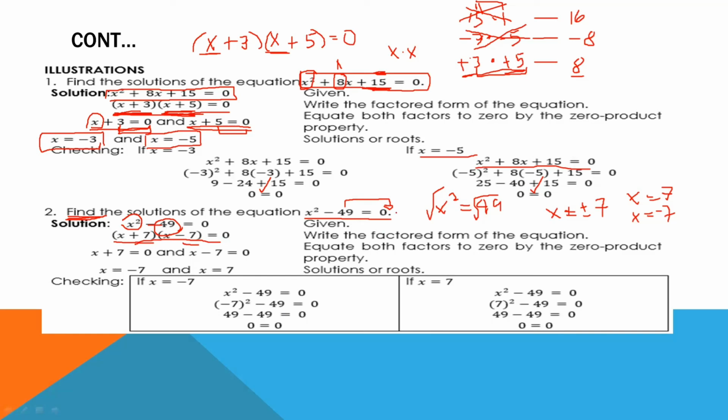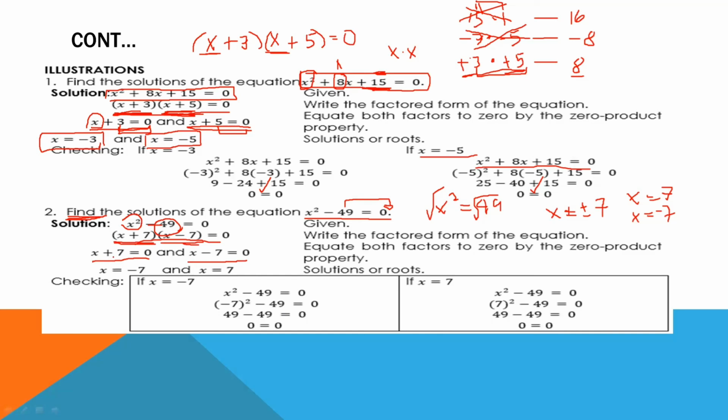Then next is to equate both factors to 0. So, what we are going to do is gawin siyang zero product property, which is we are going to set each factor equal to 0. So, x plus 7 equal to 0. Then yung second factor natin na x minus 7 is equal to 0.